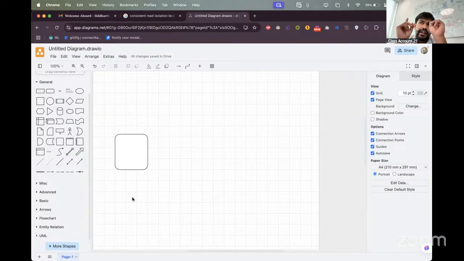The number of people scrolling Myntra and Flipkart is much more than people actually buying and adding to the cart. People who are scrolling are just reading the data. People who are buying and adding to the cart are writing new data. So in most applications, the read is much more than write.